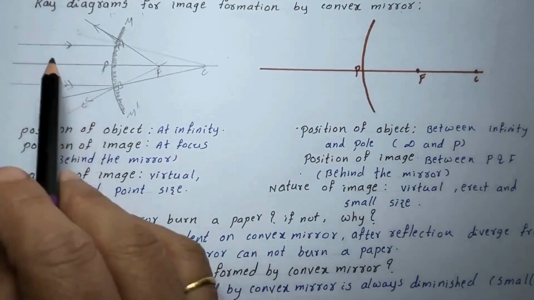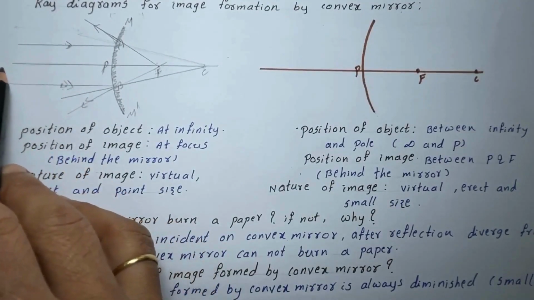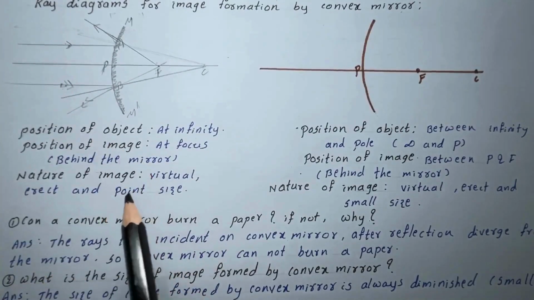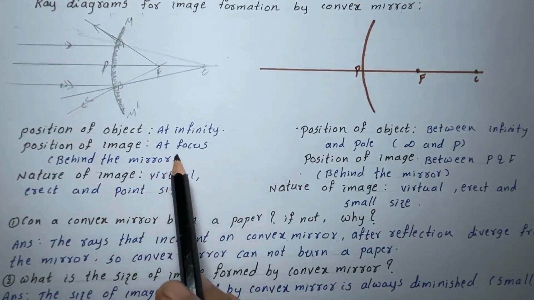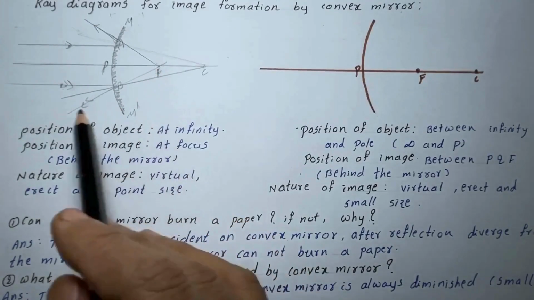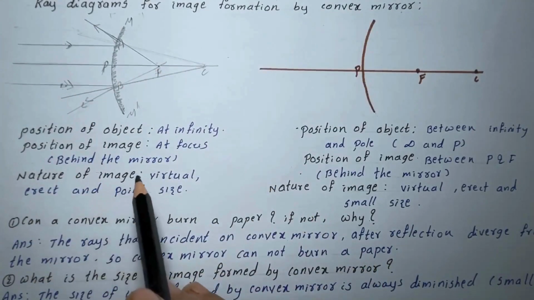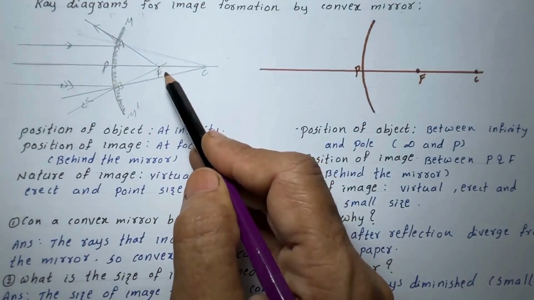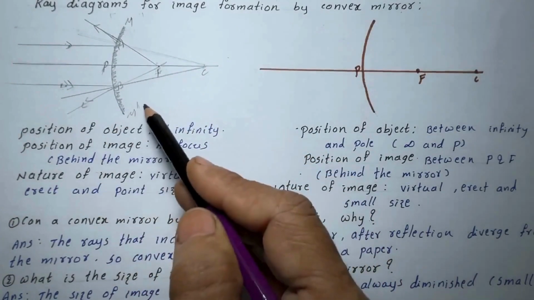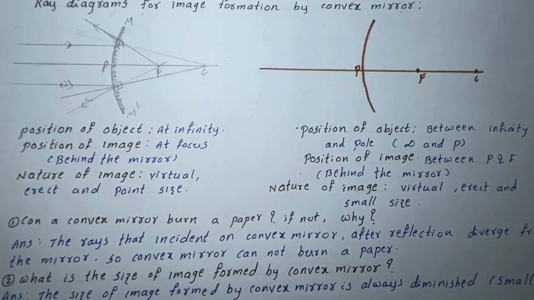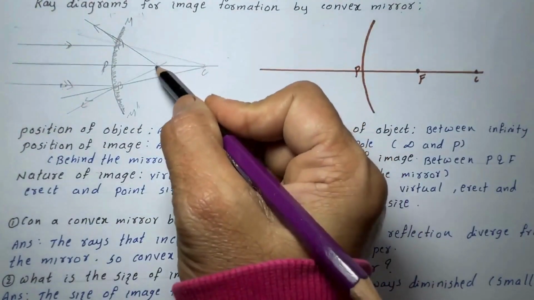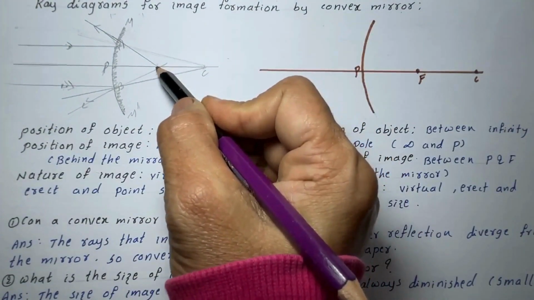So when the object is at infinity, a convex mirror forms one image which is at focus, that is behind the mirror, and the nature of the image is virtual and erect. Usually virtual images are erect images, and when you see its size, it is a point size image.